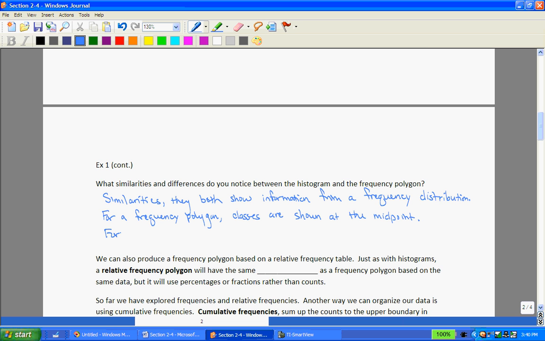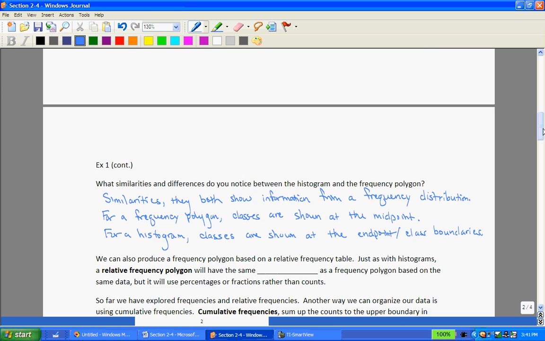But for a histogram, classes are shown at the endpoints or class boundaries. So coming from the same table of information, but they're just displayed slightly different.